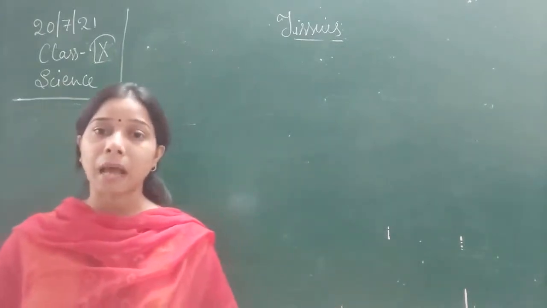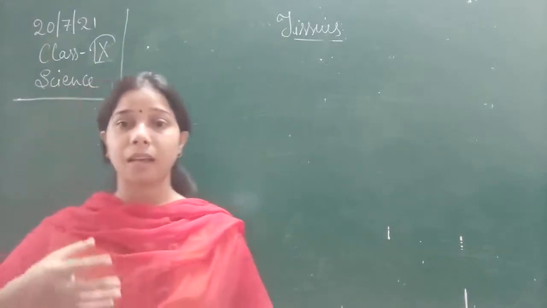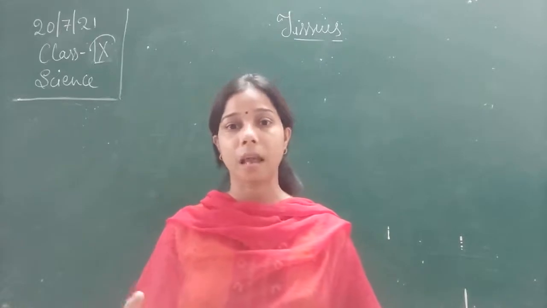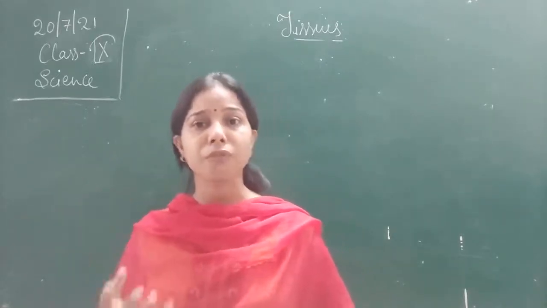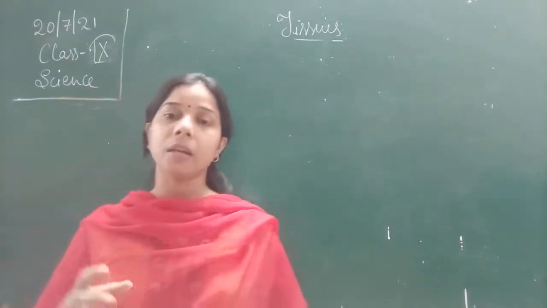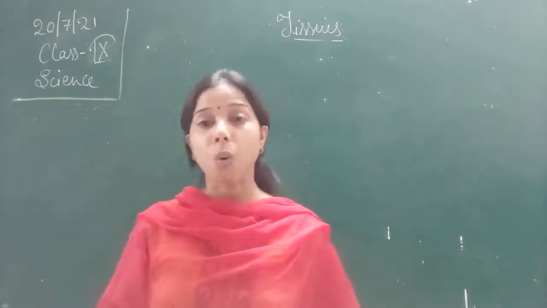These elements can be xylem vessels, xylem tracheids, xylem parenchyma, or xylem fibers. So these are the different types of xylem elements, which basically help in the conduction of the water, students.